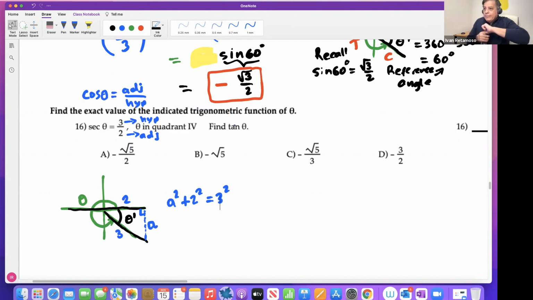Then we will move on. So you're going to work on this triangle, the one containing your reference angle. The reference angle is inside this small triangle.